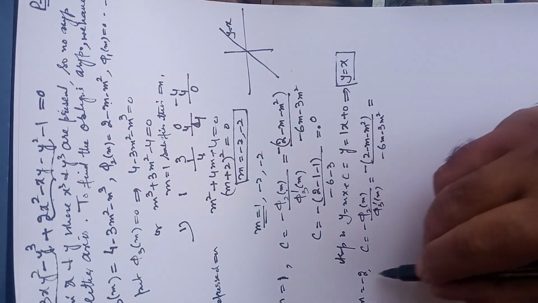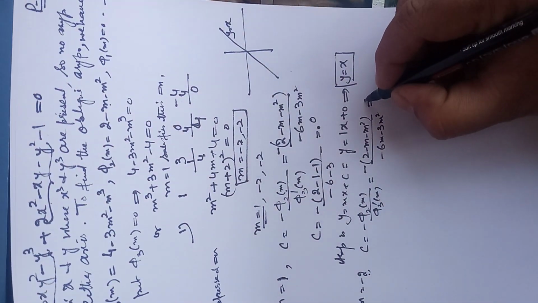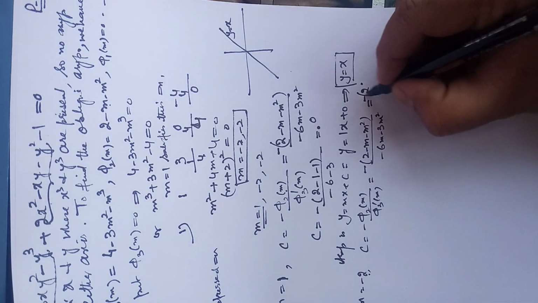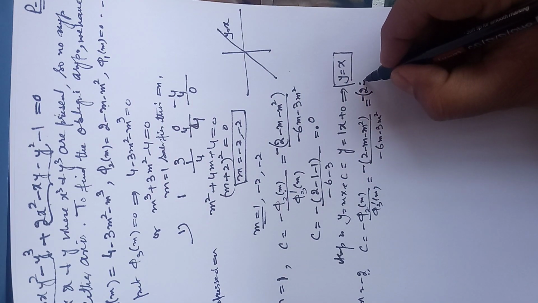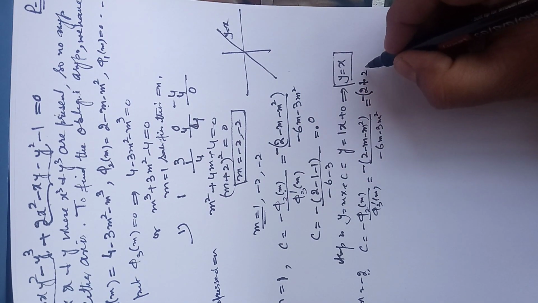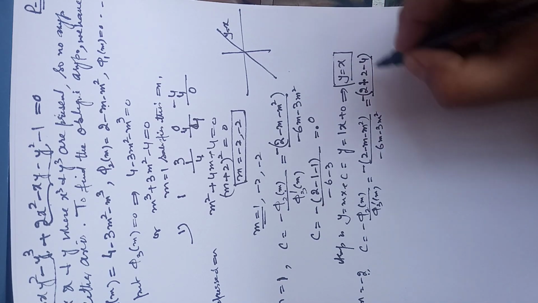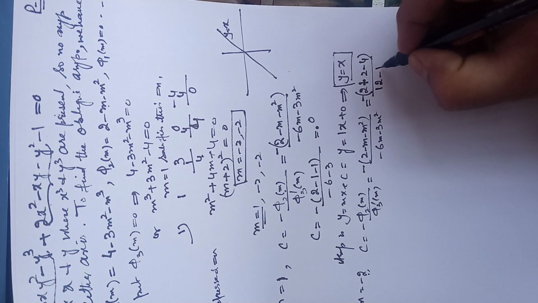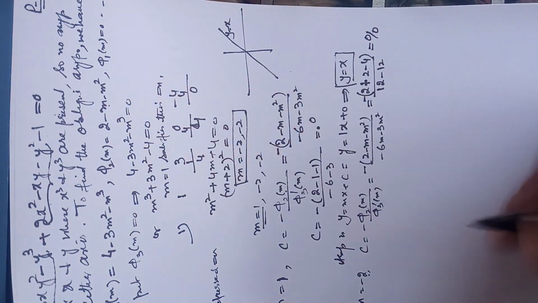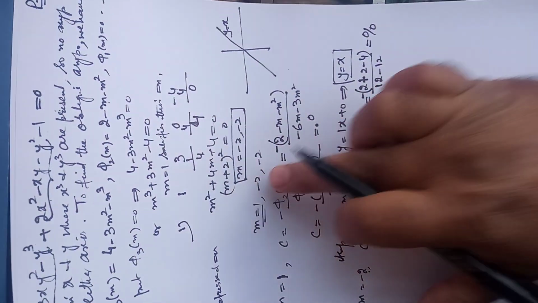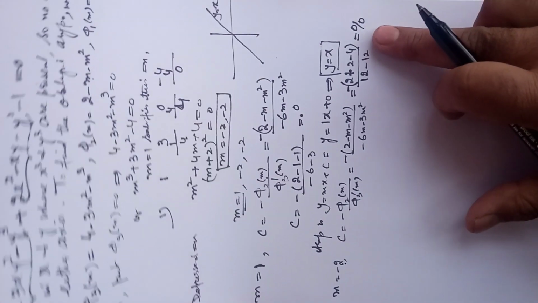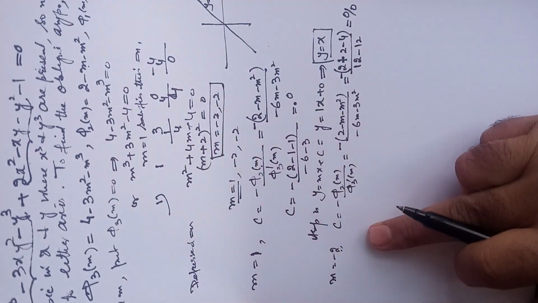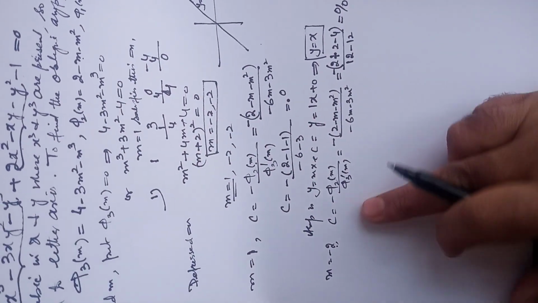Now your m is minus 2, so it is minus (2 minus 4) divided by (12 minus 12). So this is 0 by 0 form. Whenever you have repeated roots, you will always get c in the 0 by 0 form. So you will use another formula to find c.